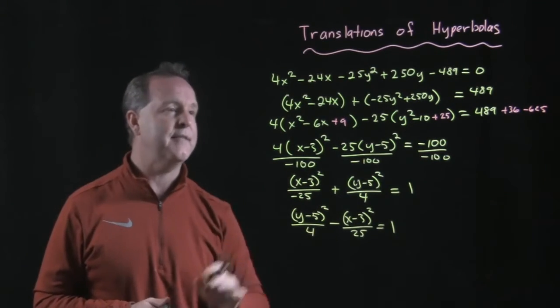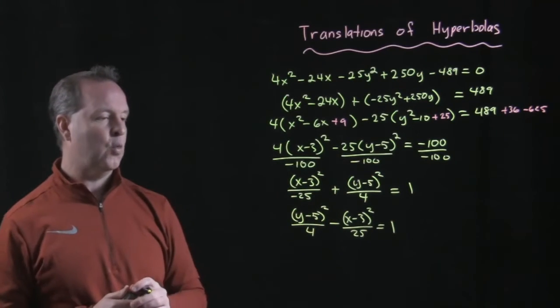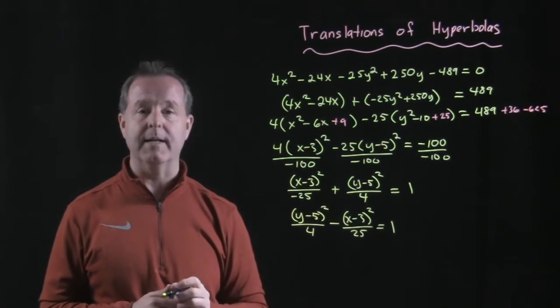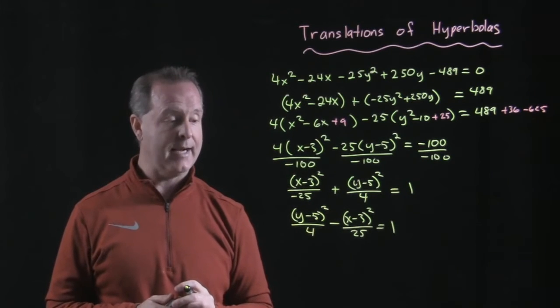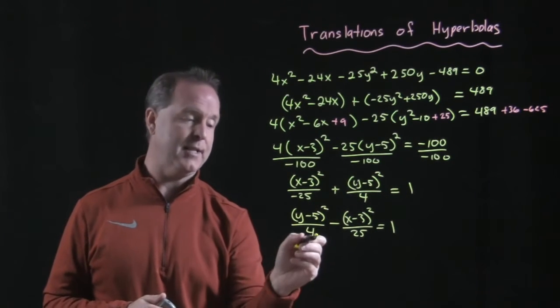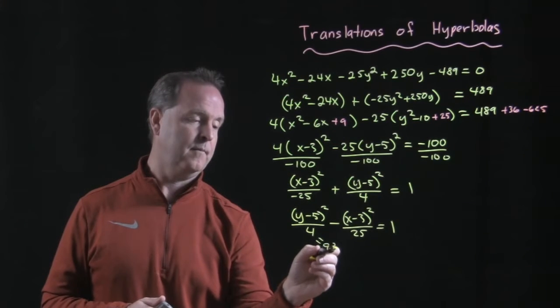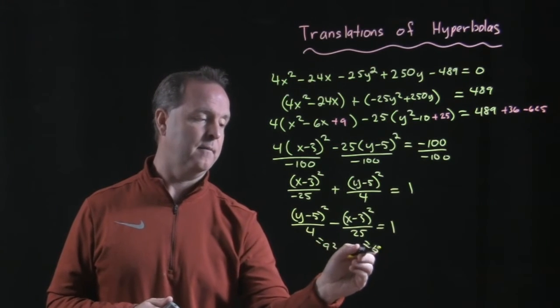We are able to identify that this is a hyperbola. We notice that the y squared term is my positive term, so my transverse axis is vertical, which means that my 4 is my a squared and 25 is my b squared.